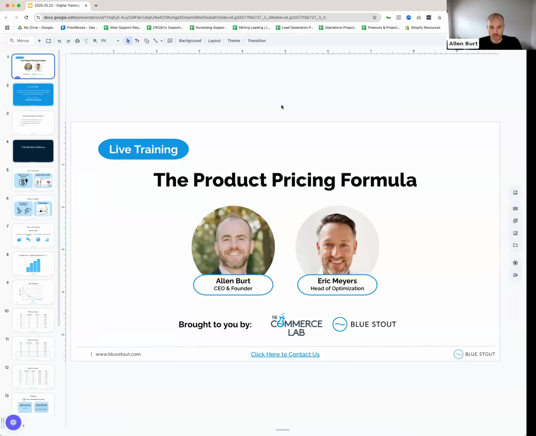The goal is to set up a framework so that if you're thinking about increasing pricing, changing pricing, or just better optimizing pricing, you have a framework for doing that. So let's jump into it.